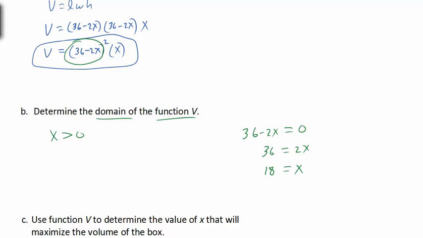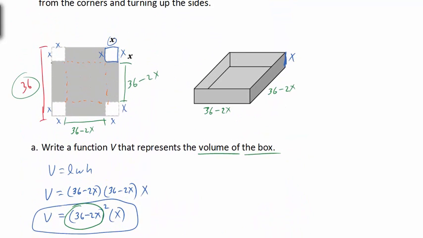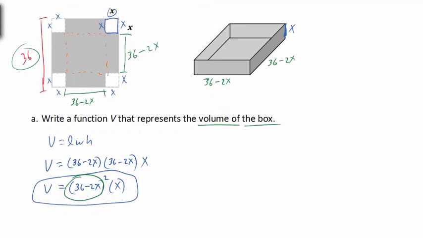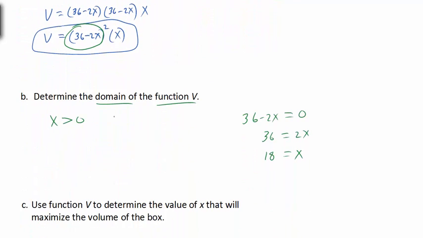When x is equal to 18, that's going to give us 0. Well, if x is equal to 18, that means we're going to cut 18 inches from the left, 18 from the right, so we've cut completely through the box, and there's nothing left for us to fold up. So what that tells us is x has to be less than 18.